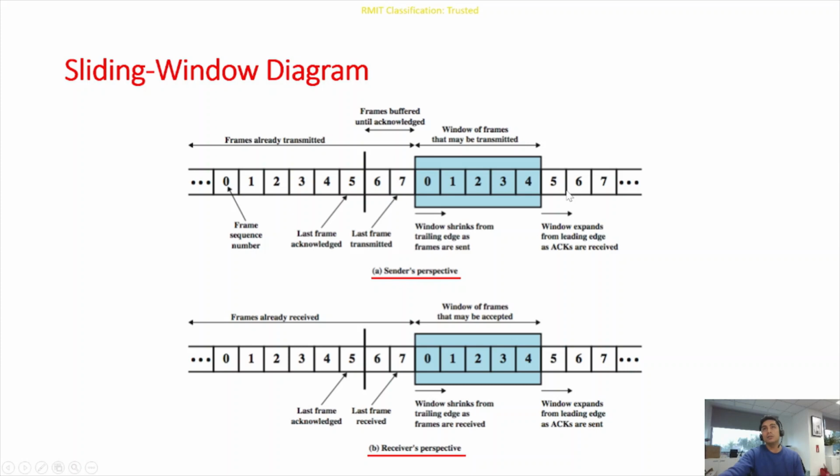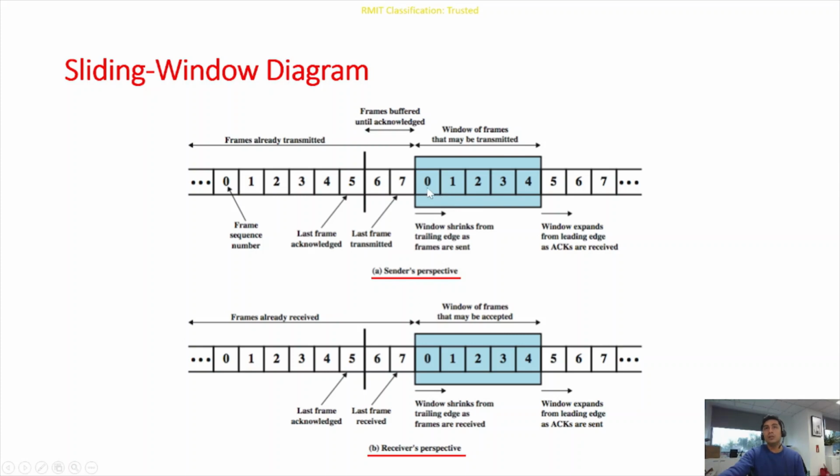As the receiver sends the acknowledgements, the vertical bar moves to the right, and the window also slides to the right. That's why the mechanism is known as sliding window.